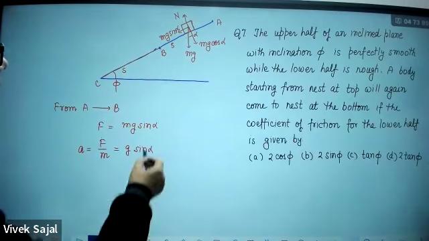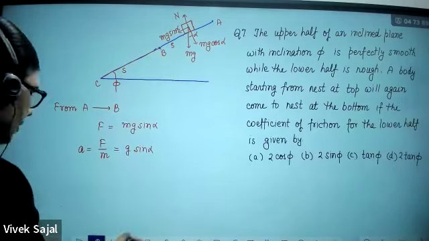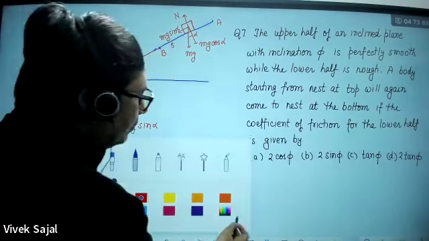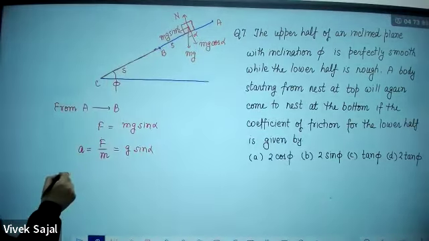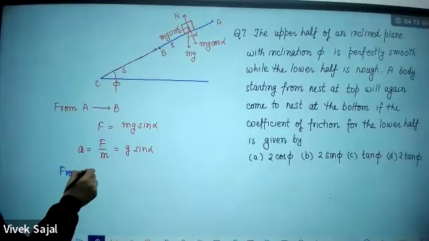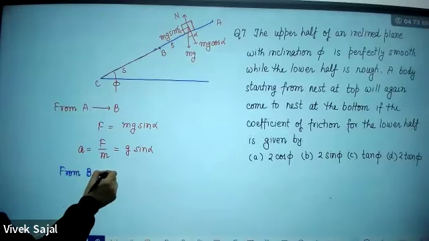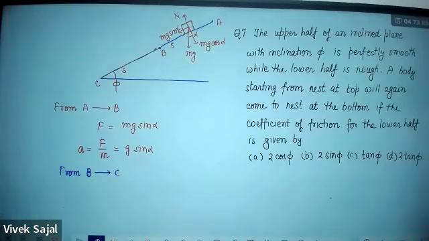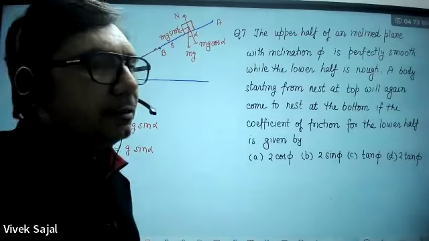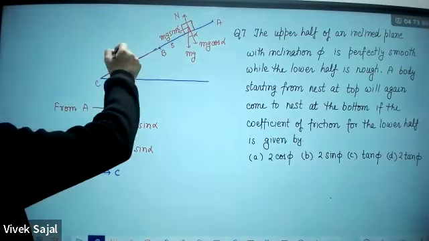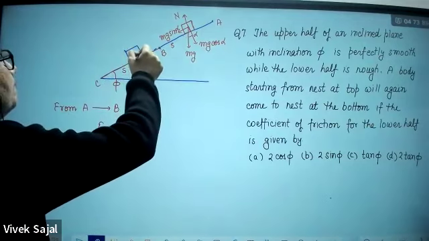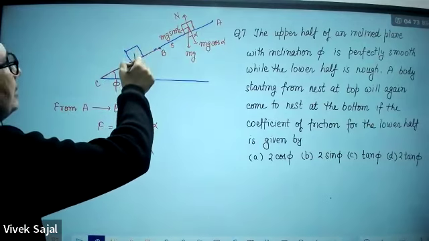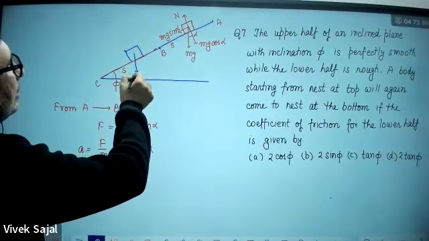Now the second part of the journey, from B to C. What will be the deceleration here? If I draw the block here, its weight is still acting in the downward direction, mg.